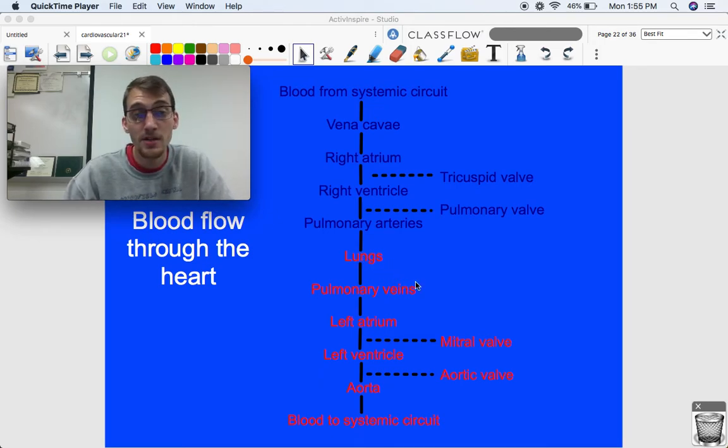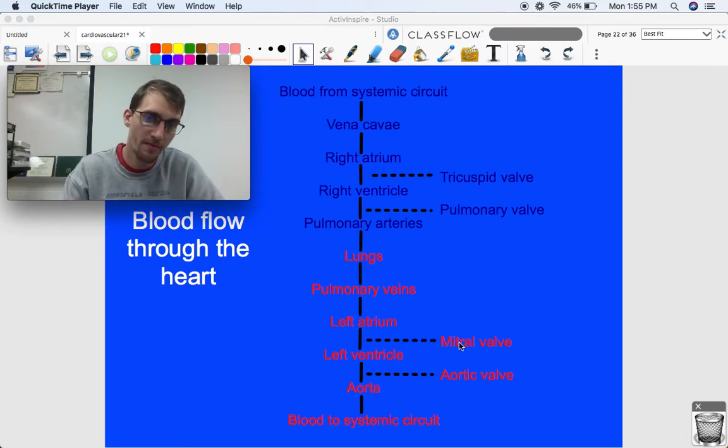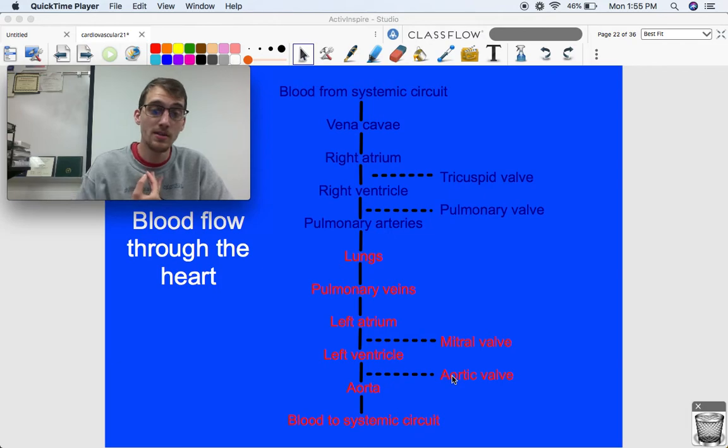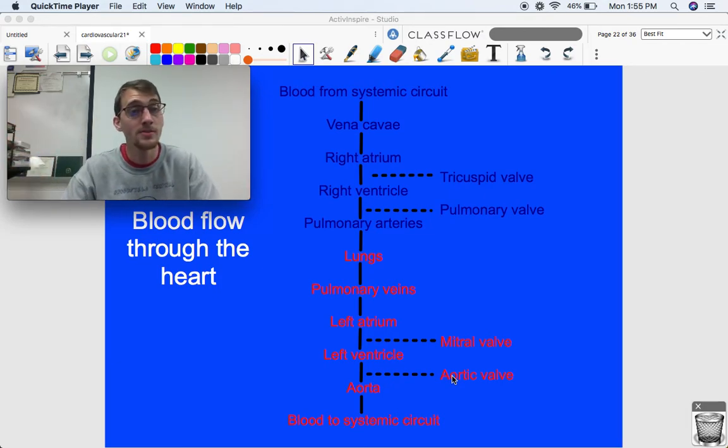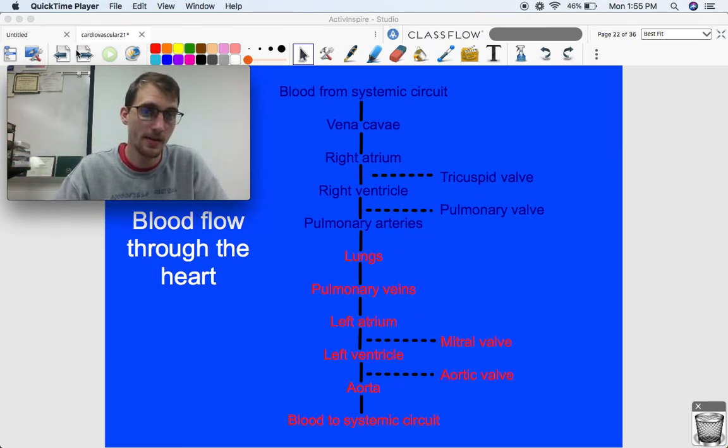It comes back to the heart via the pulmonary veins and collects in the left atrium. Okay, and then it passes through the mitral valve in order to get to the left ventricle. Mitral valve closes up to prevent backflow. Then the left ventricle contracts, and the aortic valve opens up, allows it to pass into the aorta, and then through the aorta and enters all the arteries and goes back to the systemic circuit.